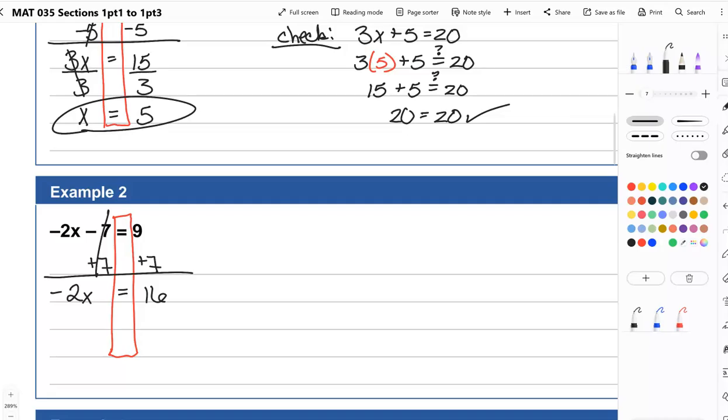That negative 2 and that x are being connected with multiplication. The opposite would be dividing. Negative 2 divided by negative 2 is a positive 1, so this is really 1 times x, which is x. 16 divided by negative 2 is going to give us a negative 8. So we're going to get x equals negative 8.